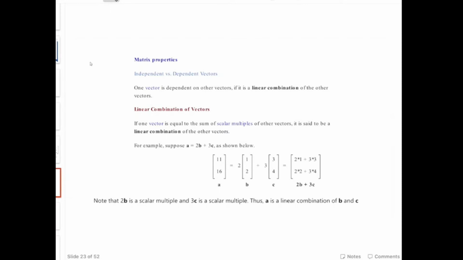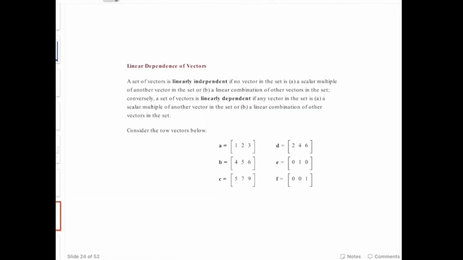As given here, if you have a vector A and you can write it as 2b plus 3c, that means A can be written as a linear combination of B and C, and thus those vectors are dependent. So we talk about linear dependence of vectors.